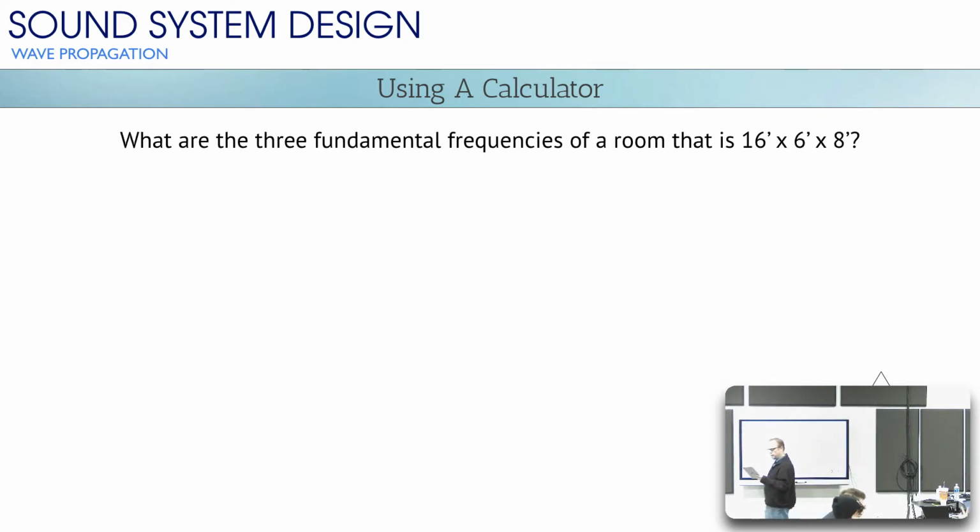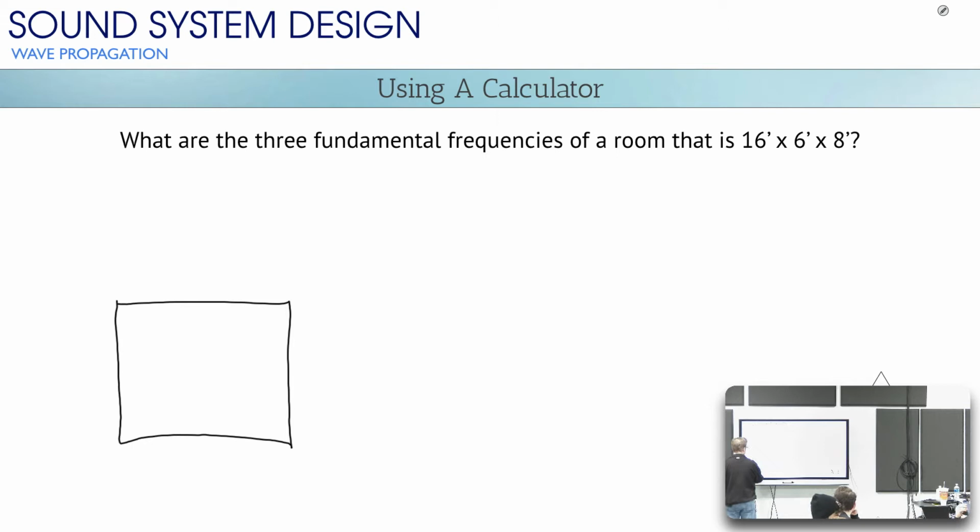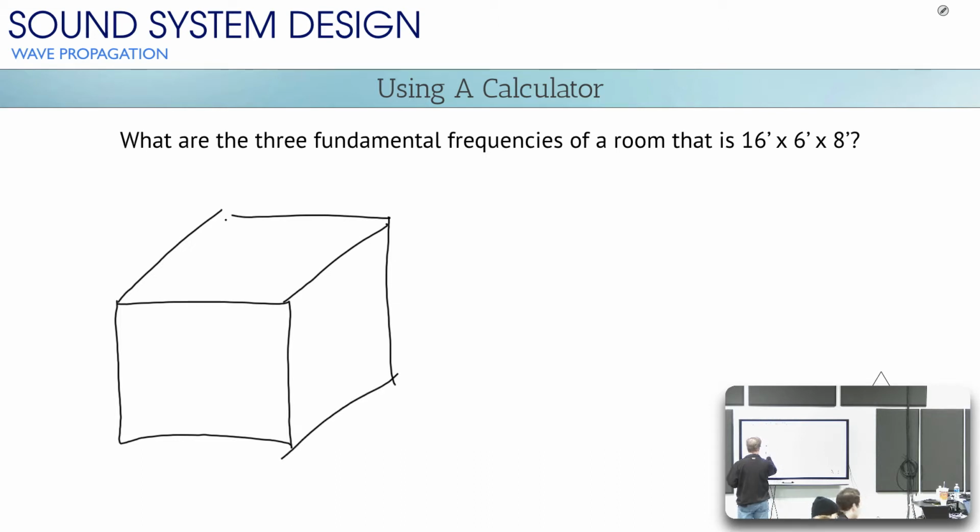Here's one that might take us a few minutes. What are the 3 fundamental resonant frequencies of a room that is 16 feet by 6 feet by 8 feet? Let me do this in black. Let's do some sort of orthographic diagram here of this hypothetical room. If I draw that, does that make sense?